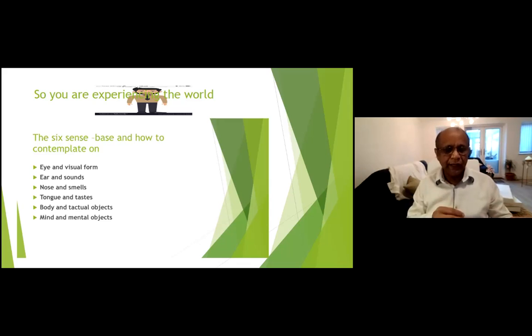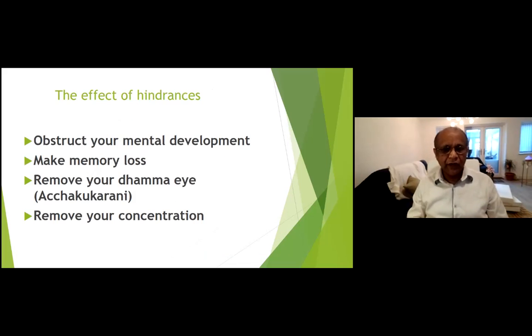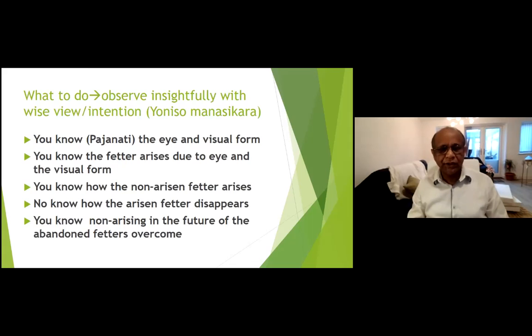When you smell, you have the nose, and in the presence of nose, smell and nose consciousness, you make attachment. But that is the problem. These are what obstruct our mental development, cause memory loss, remove your Dhamma eye, or Chakku Karani, and remove your concentration.